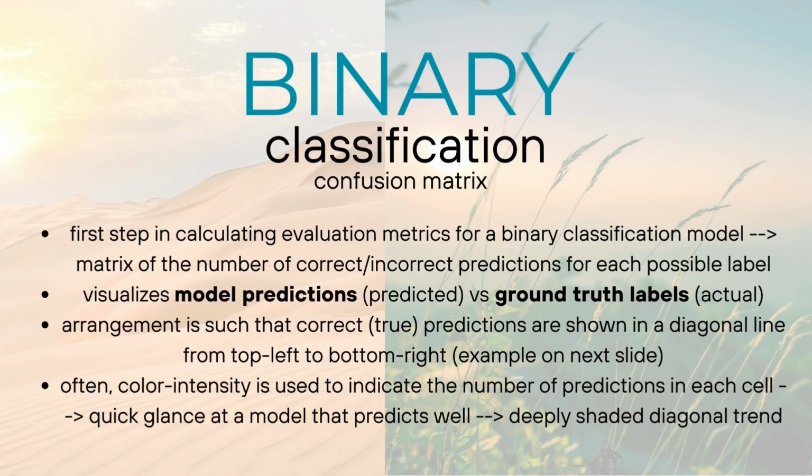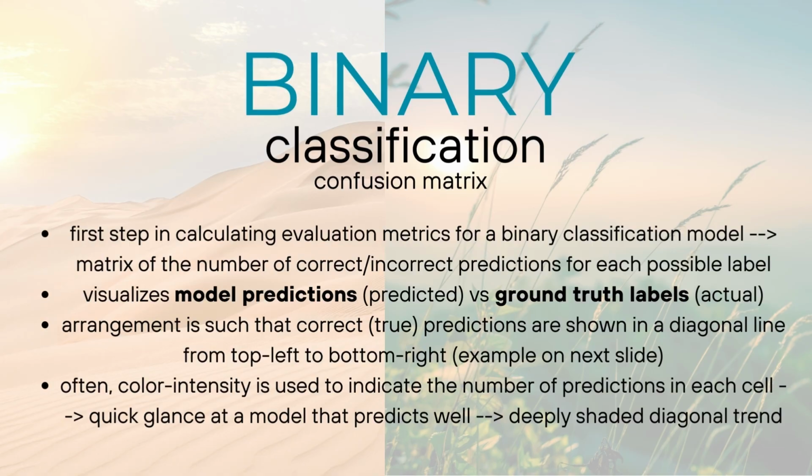So next in binary classification, we have a step in calculating evaluation metrics for this binary classification model. The first one is that it visualizes model predictions, what is predicted, versus ground truth labels, what is actual. The arrangement is that the correct or true predictions are shown in a diagonal line from top left to bottom right.